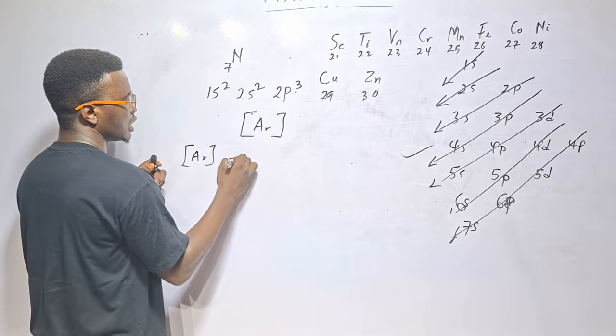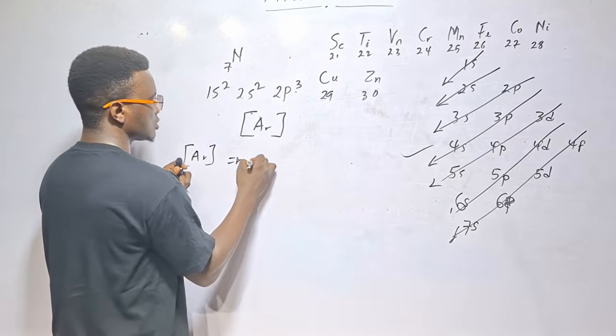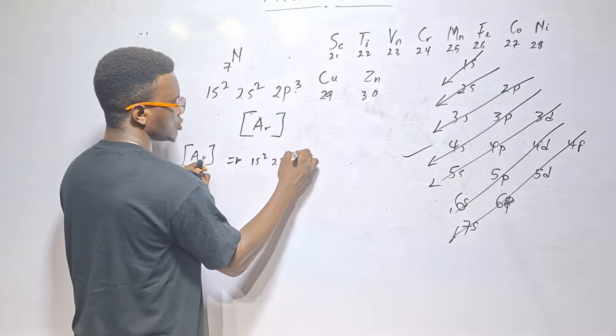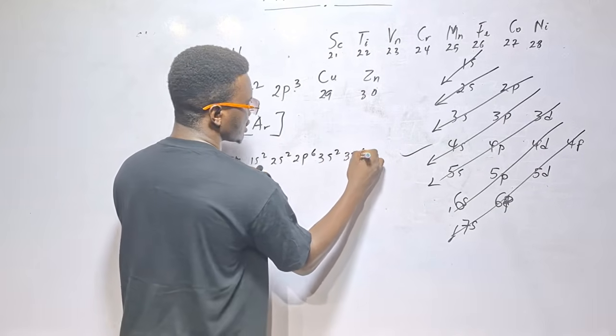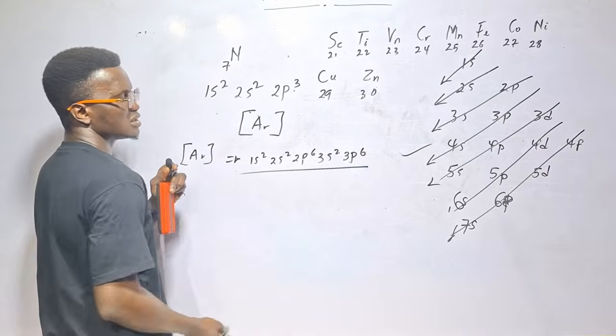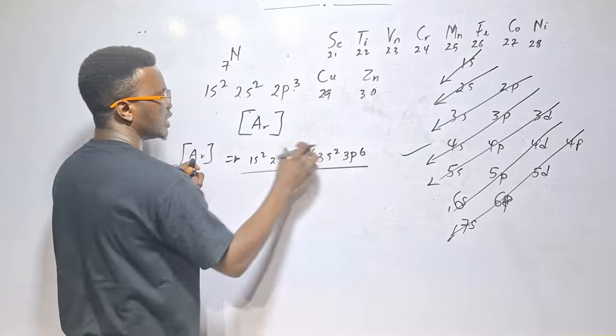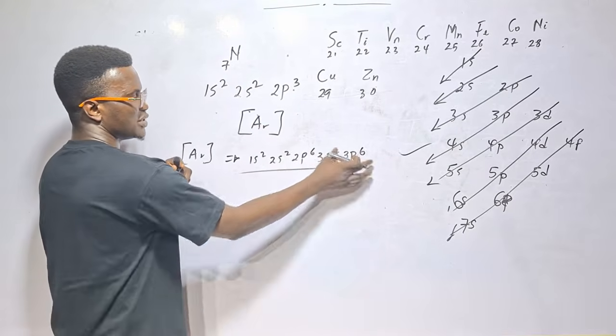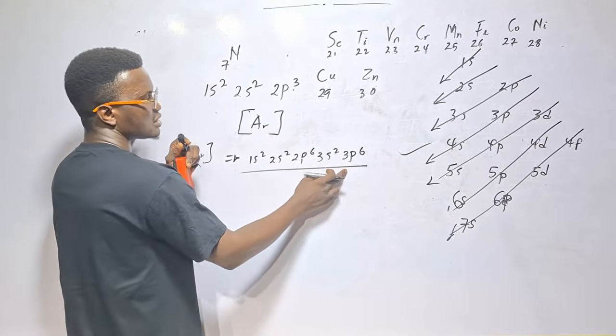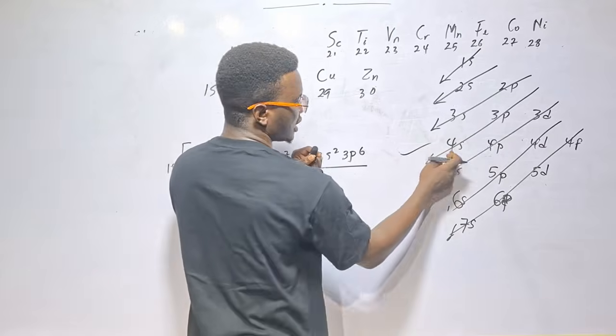The configuration for argon is 18, so that's going to be 1s2, 2s2, 2p6, 3s2, and 3p6. If you add all of this together, that's 18. So instead of rewriting this over and over, I can just put argon, meaning that putting argon here, I'm representing all of this.